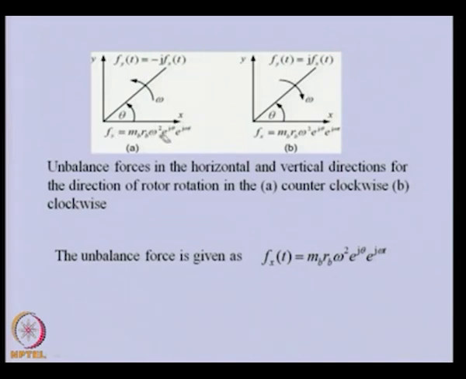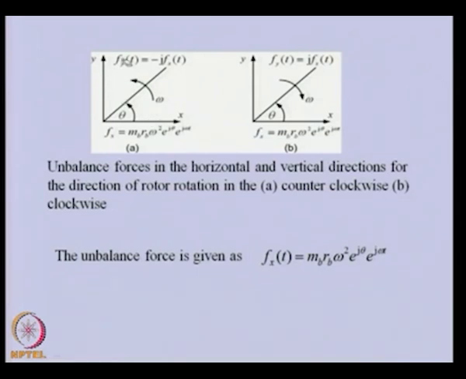This particular one is Fx. Now Fy is lagging behind Fx, in the direction of rotation of the shaft, by 90 degrees, because you can see the direction of rotation is clockwise. So this particular y axis is lagging behind the x axis by 90 degrees.